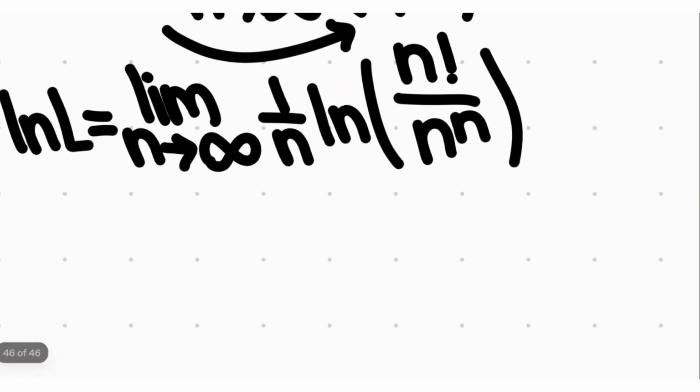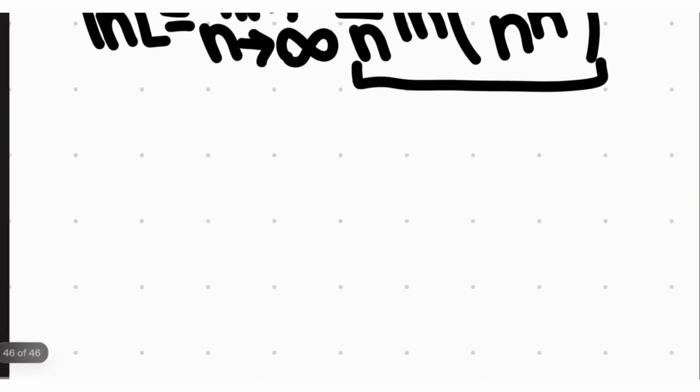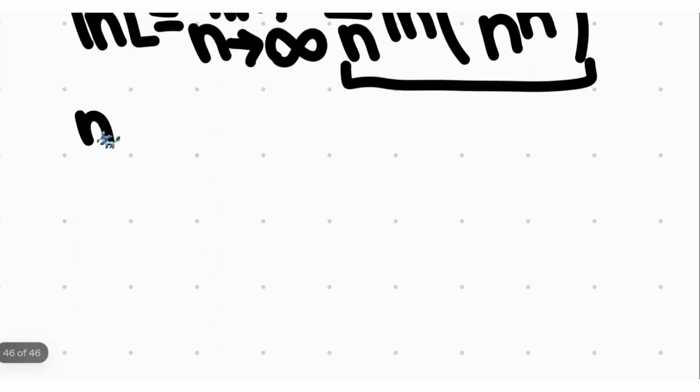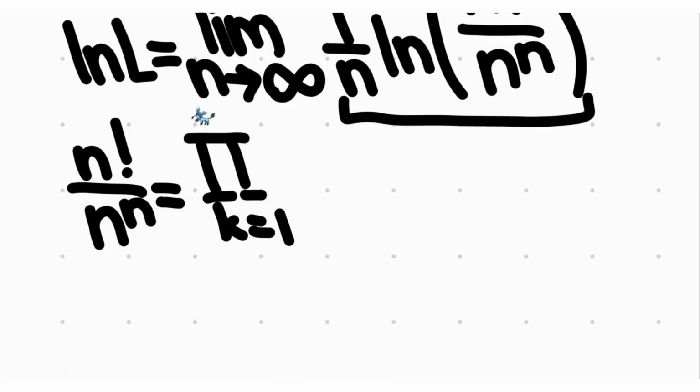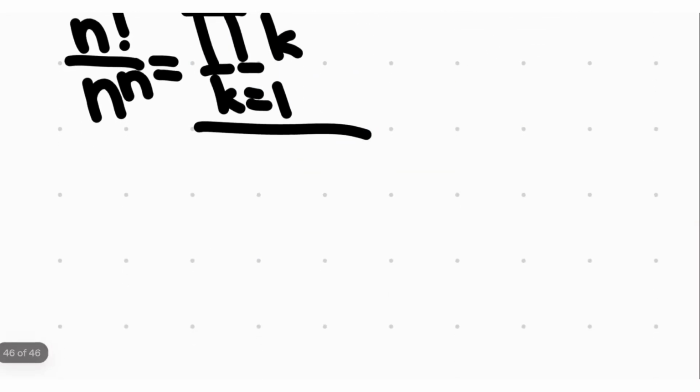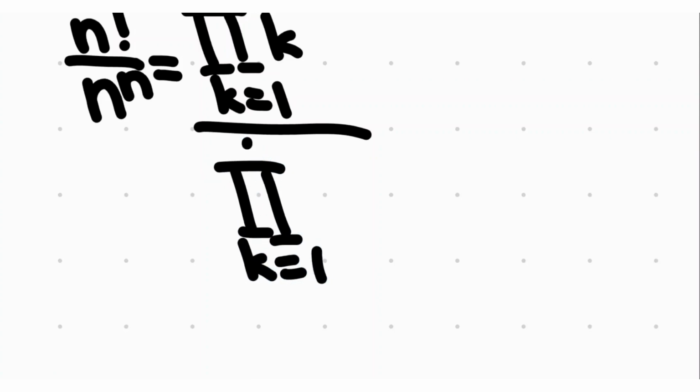Now I'm gonna take the term inside the limit and rewrite it a bit. So let's just take n factorial over n to the n, and we're gonna rewrite the numerator as the product from k equals 1 to n of k, and we're gonna take the denominator and rewrite it as the product from k equals 1 to n of n.